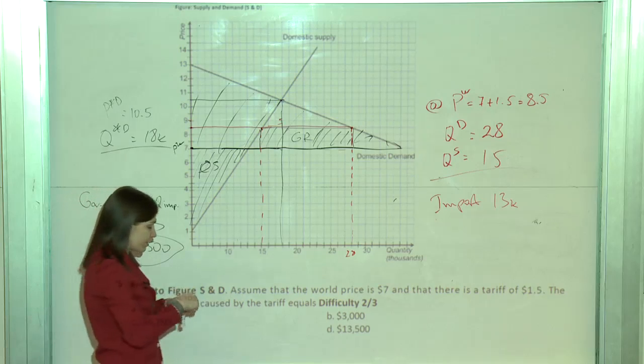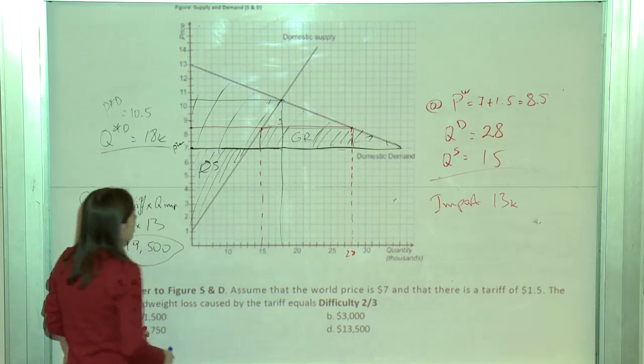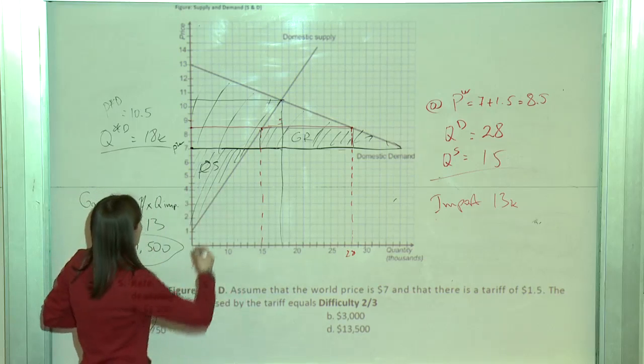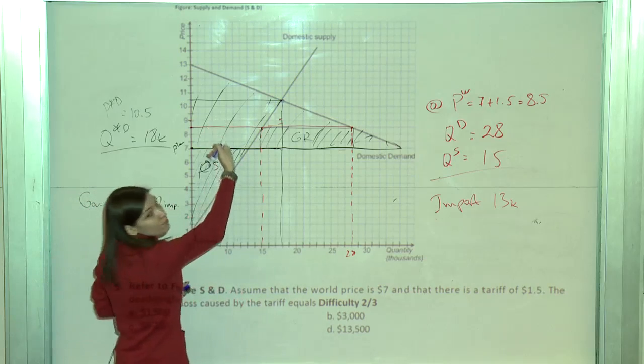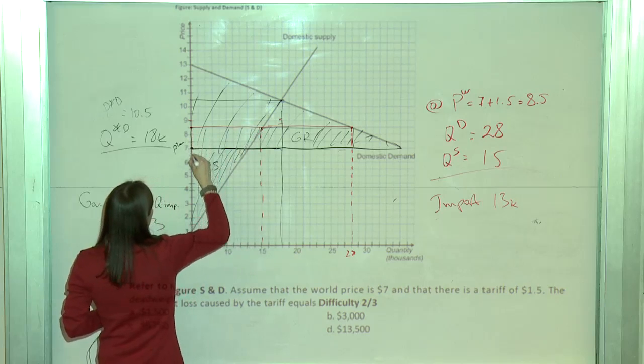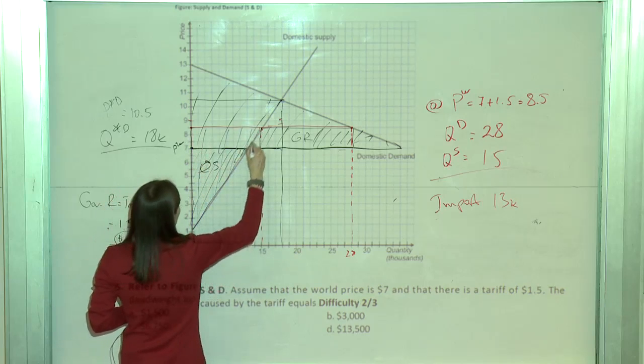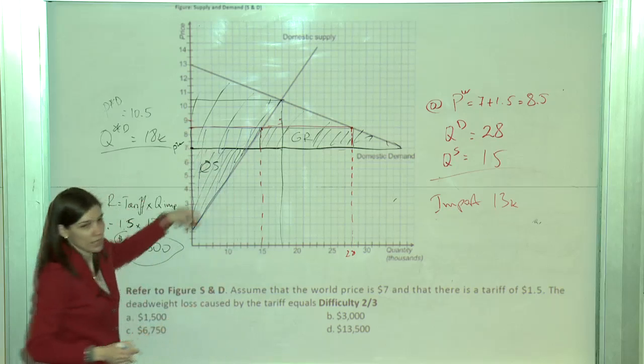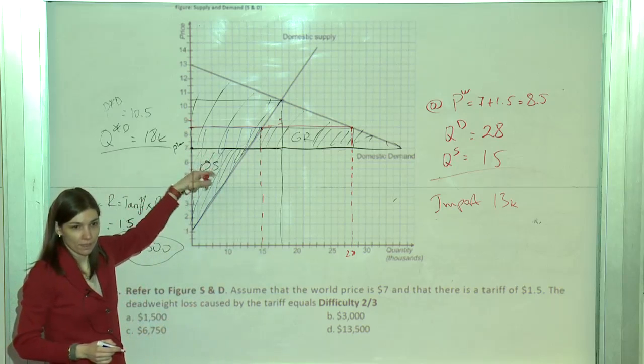Now we do impose a tariff. So what happens with producer surplus? Well, now the price is 8.5, right? So it's below the price, above the supply curve. So it's this triangle. Okay, so now that triangle here is producer surplus.